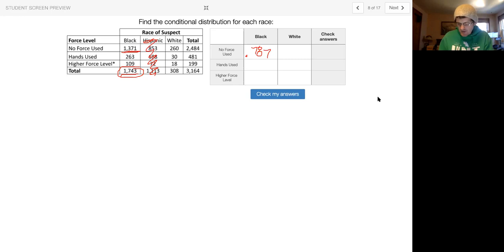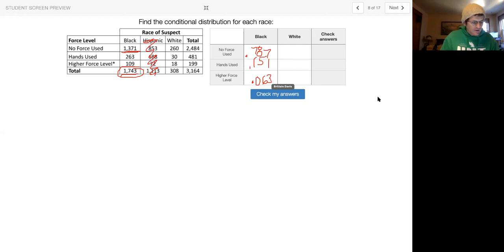That's going to be 263 out of 1,743. So you can see it's on the condition. When we say it's on the condition, I am limiting my view of this table to that column only. So if that helps you think about it, when I do that, I get 0.151. And then the last one, 109 out of 1,743, would be higher force level, and that's going to be about 6%.